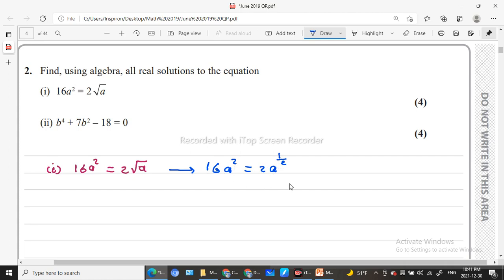Now divide both sides by 2. So 8a squared equals a to the half.